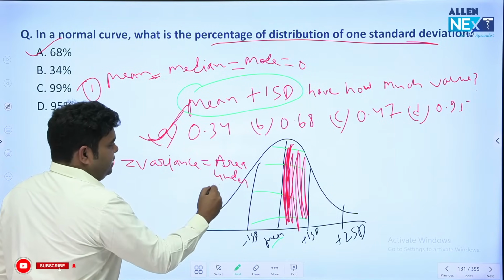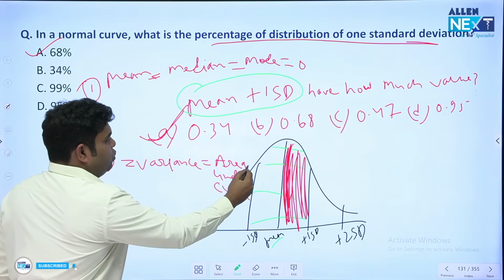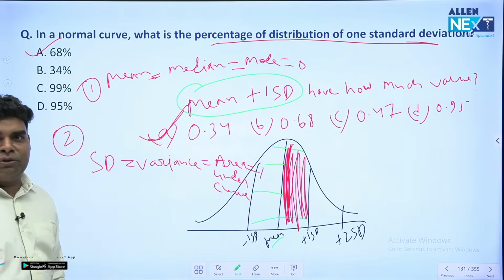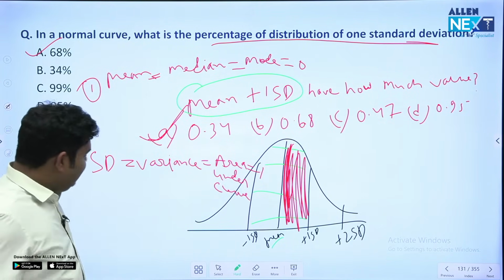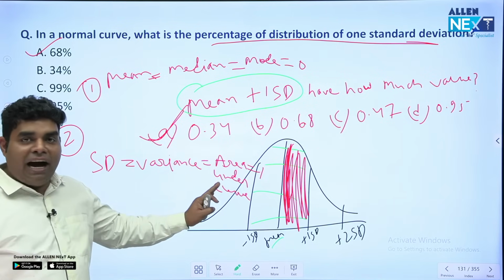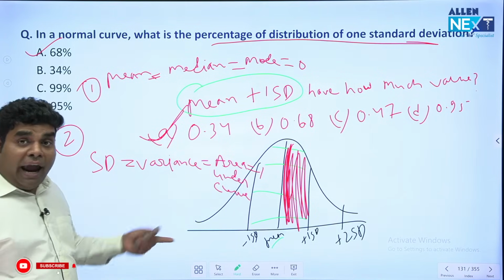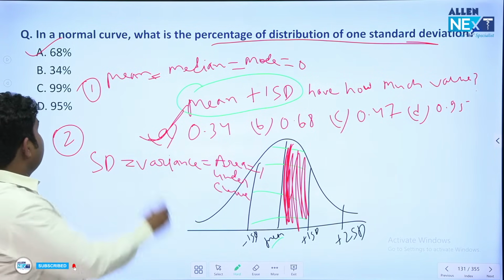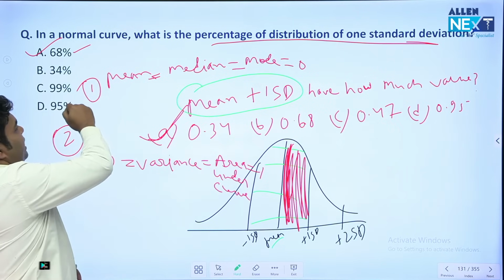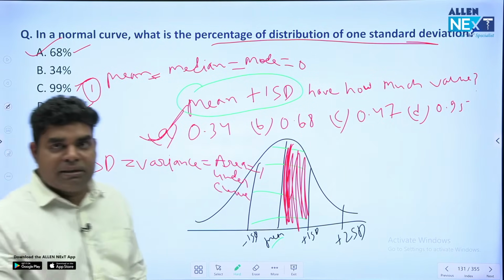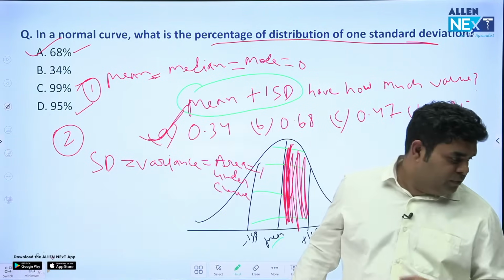And all these 3 things are equal to 1. Everyone's master is one, what Sai said, Kabir said, everyone said that standard deviation, variance, area all are 1. This is rule 2. And rule 3 is what we have read. Mean plus minus 1, 68%, mean plus minus 2, 95, mean plus minus 3, 99% value. Do remember the 3 rules.